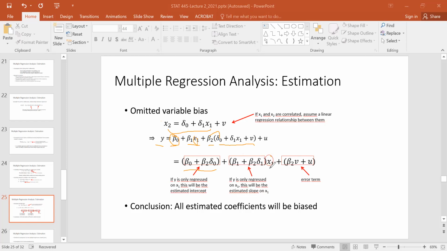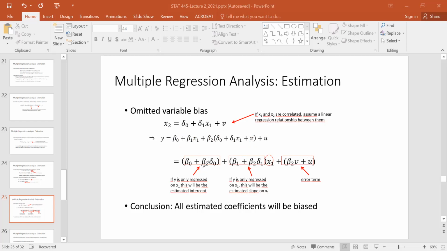We factorize x1, and beta 1 is attached to x1, plus beta 2 delta 1 is attached to x1. So you just group like terms. And then the errors are this and v times beta 2. You can solve this algebra: just group like terms, factorize and so on.